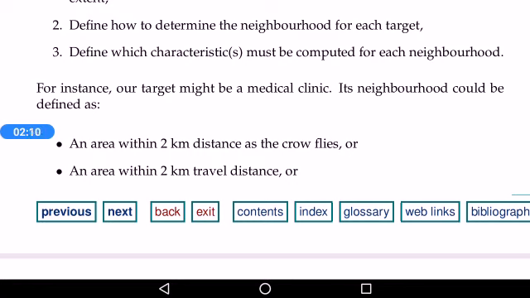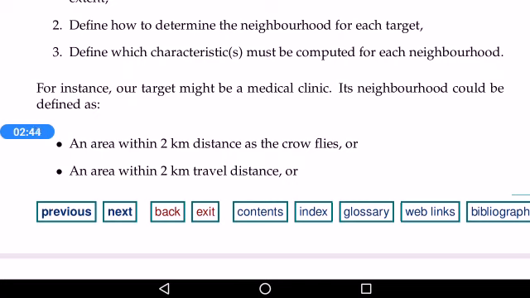So whatever is our target, we want to find out in its neighboring area of around 2-kilometer distance, which are the other banks, or in 2-kilometer travel distance, what are the different things in 2-kilometer travel distance of this ATM or of this medical clinic?